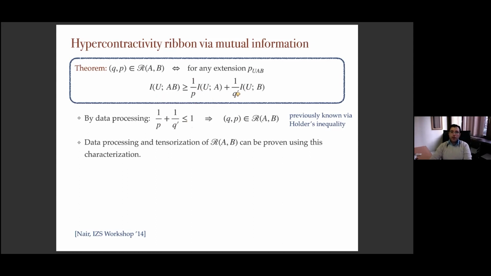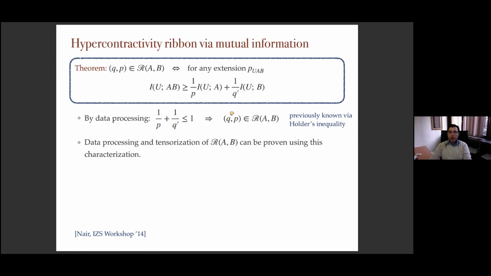If 1 over p plus 1 over q prime is at most 1, then by the data processing inequality, the mutual information between U and AB is at least the mutual information between U and A. At the same time, the mutual information between U and AB is an upper bound on that between U and B. Putting the previous two inequalities together and taking an average, we get this one.